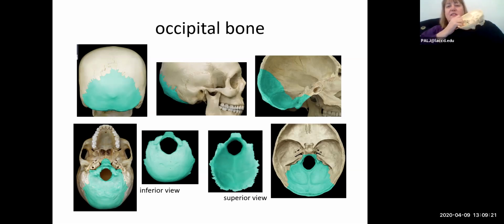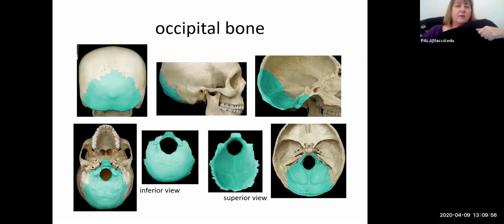Whereas the junction of the parietal bones with the frontal bone was a straight line going across, the junction of the occipital bone with the parietal bone is an upside down V, as seen in that top left picture. And it's the occipital bone that also contains that huge hole, the foramen, that is clearly visible on both aspects when you're looking at the skull.